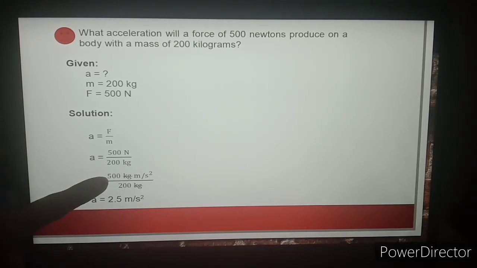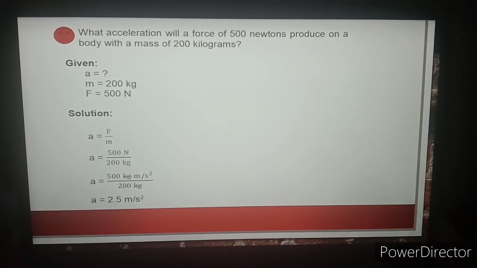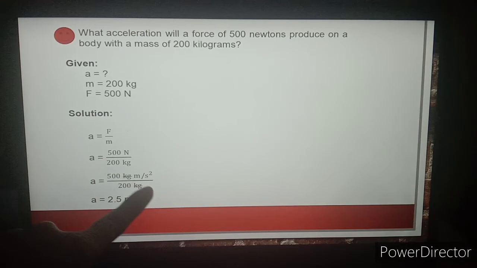And then the denominator is equal to 200 kilograms. It is because we have to cancel out units. Kasi, ano ba yung hinahanap natin? Diba, acceleration. So, ibig sabihin, dapat po yung final answer natin is in meter per second squared since we are talking about acceleration. Here, na-cancelled out natin yung units na kilogram.